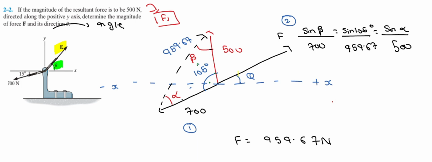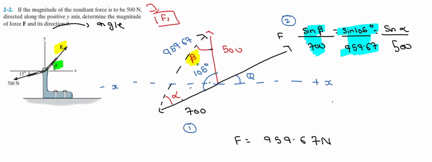We have to find the angle between 959.67 and 500 Newton, this one, so that we can go to our final answer. So we compare these two, sine beta upon 700, sine 105 degrees upon 959.67.